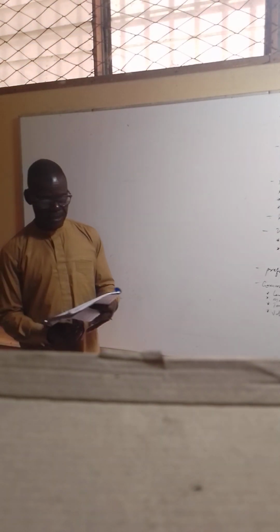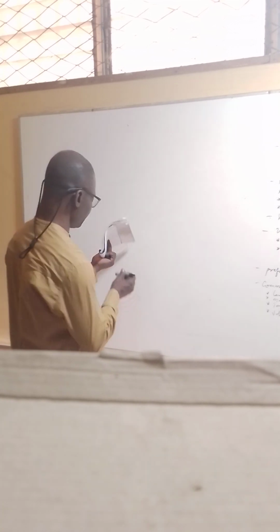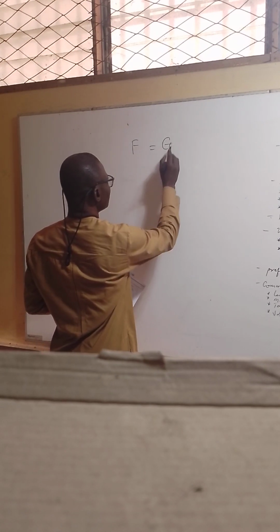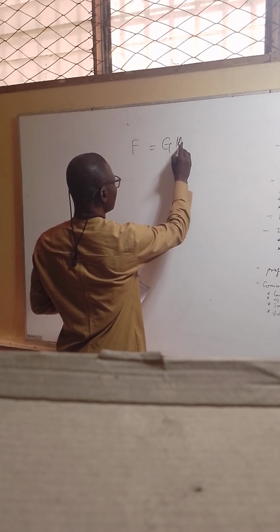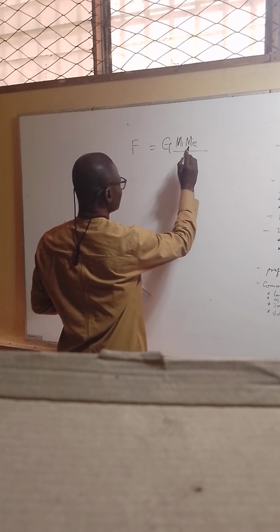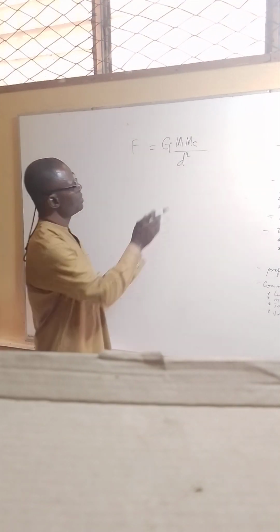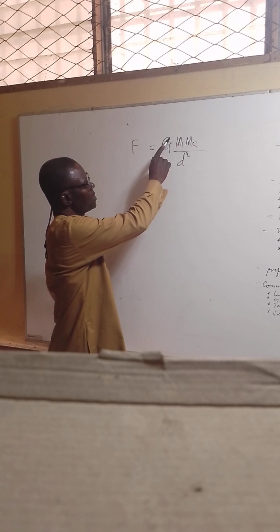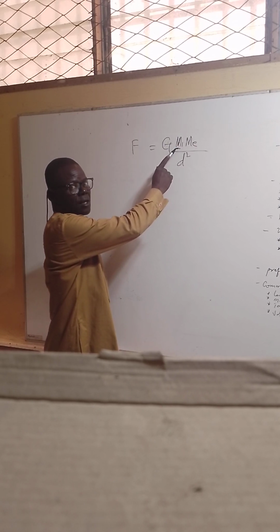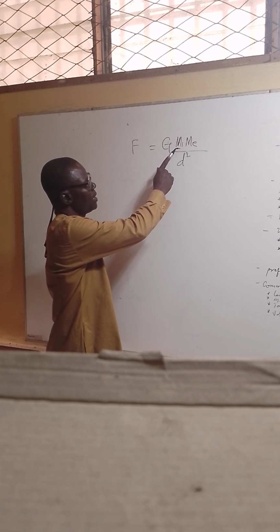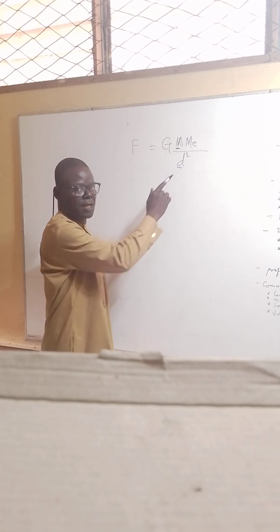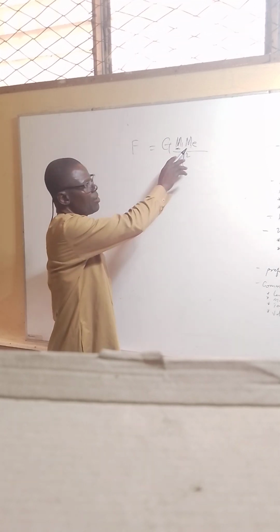And we have that from using this equation, F is equal to G m1 me over d squared. What does this mean? G is still our constant. m1 is the mass of the body, and me is the mass of the Earth. And d is the distance between the body and the center of the Earth.